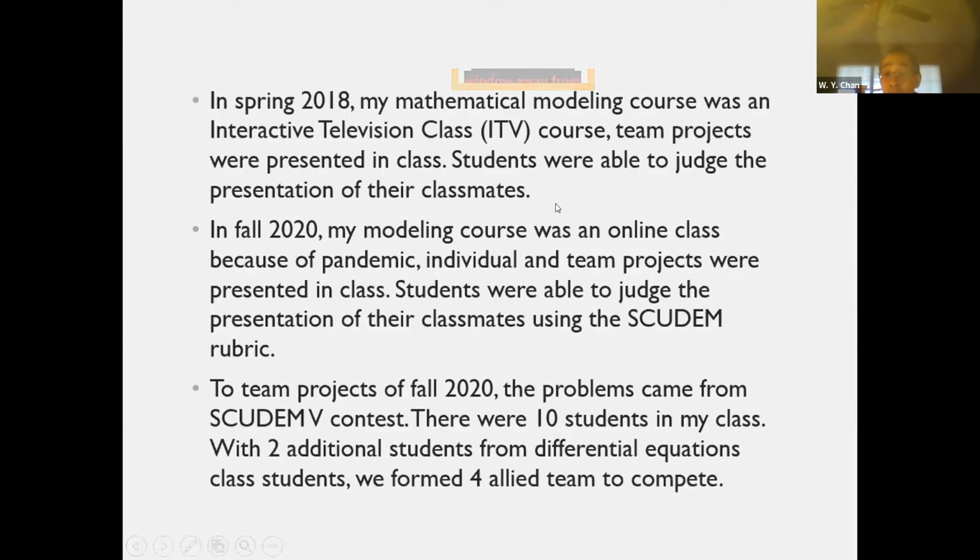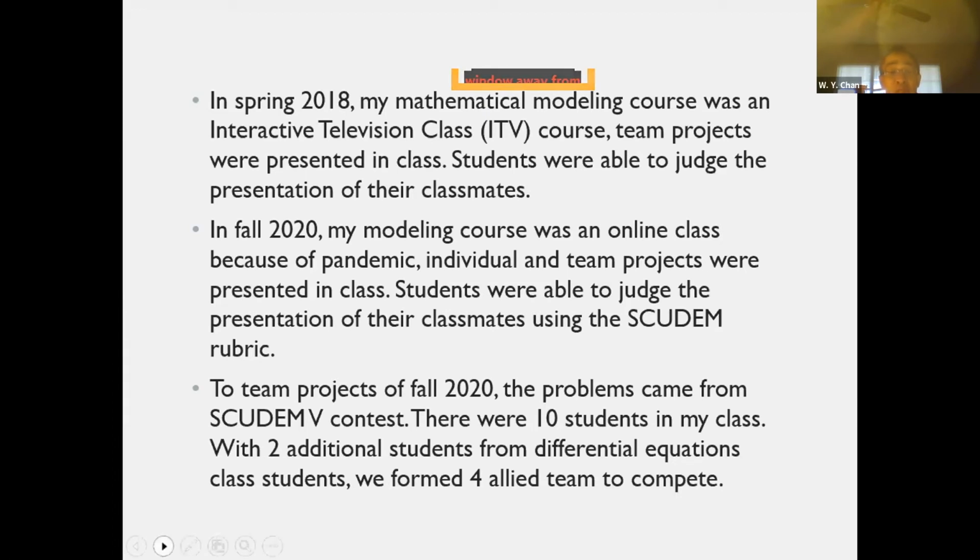And when they do the presentation, their classmates are going to judge each other. And in 2020, all the classes here changed to online. So it was a big challenge for us. When we do the judging, I follow the rubric of the school team contest.